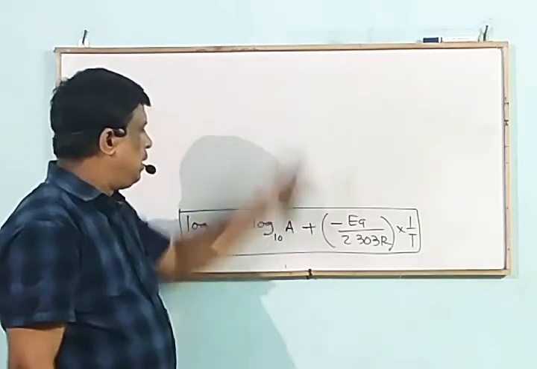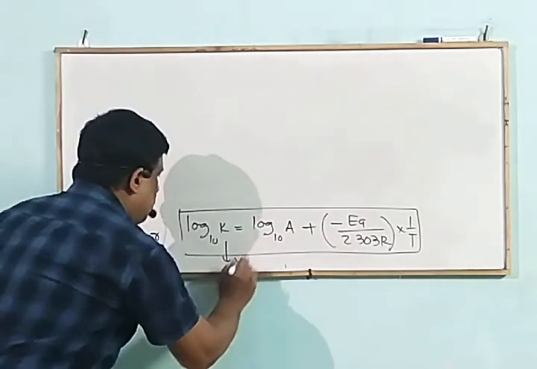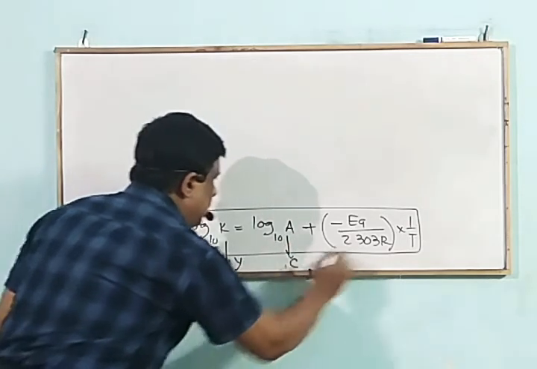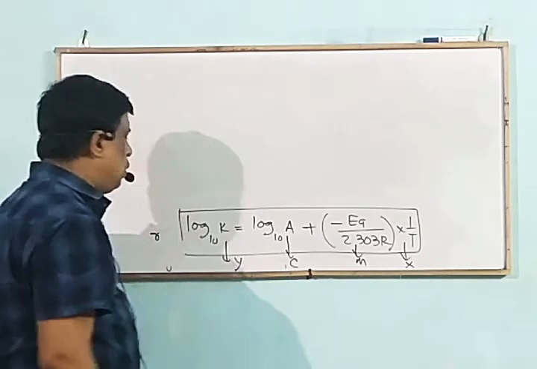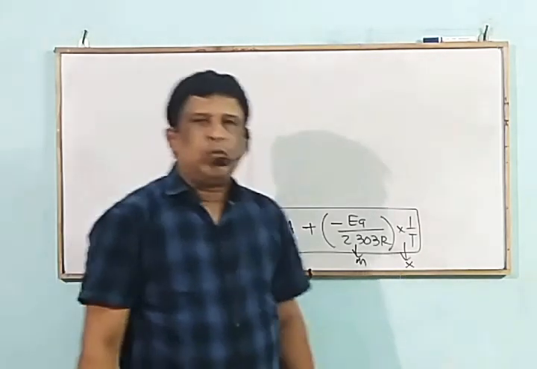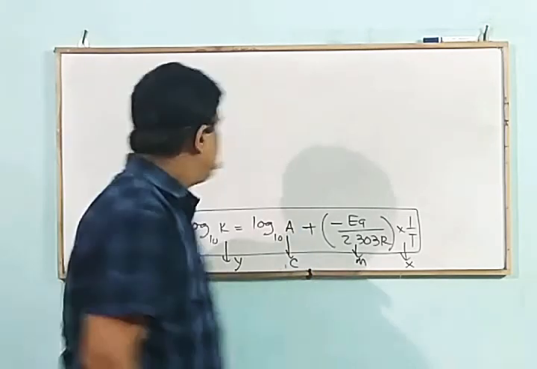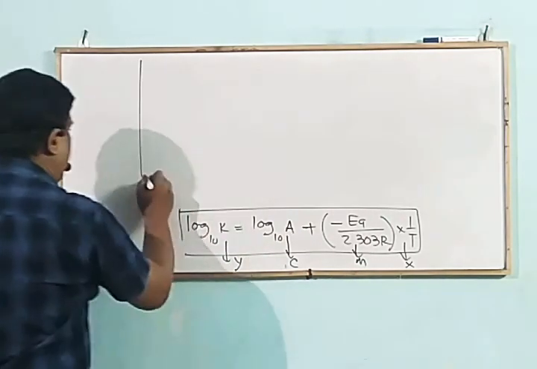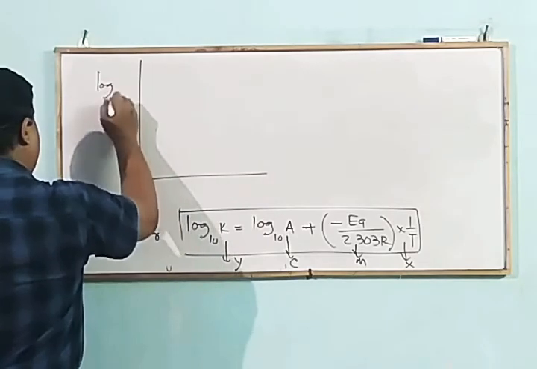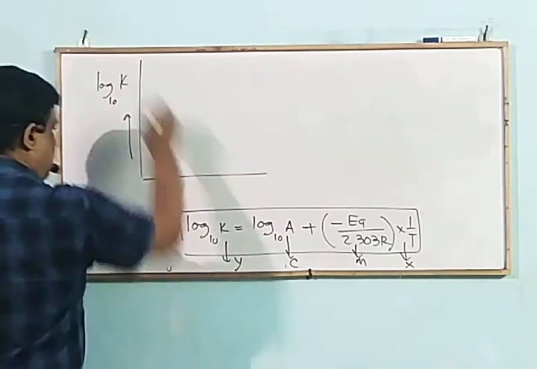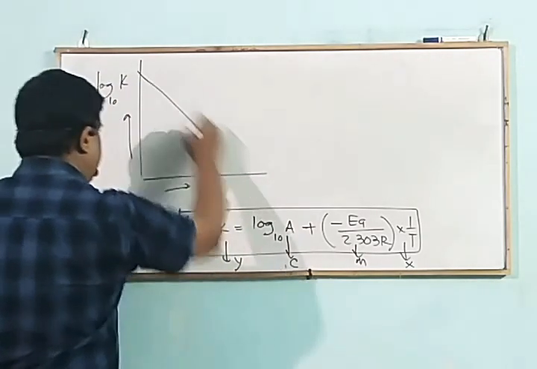That is equation 2 in logarithm form. And here y is log k, c is log A, m is minus Ea by 2.303 R, and x is 1 by T. Y is equal to mx plus c, an equation of a straight line in slope intercept form. So if we plot a graph of y, which is log k, versus x, which is 1 by T, then we have a graph like this.